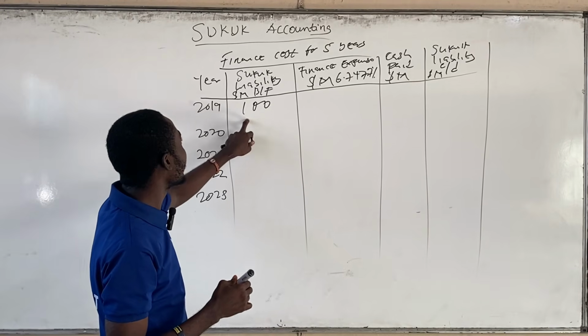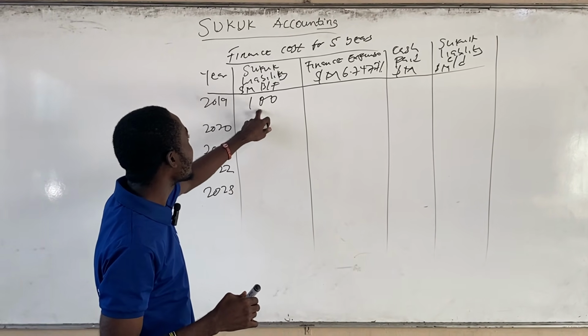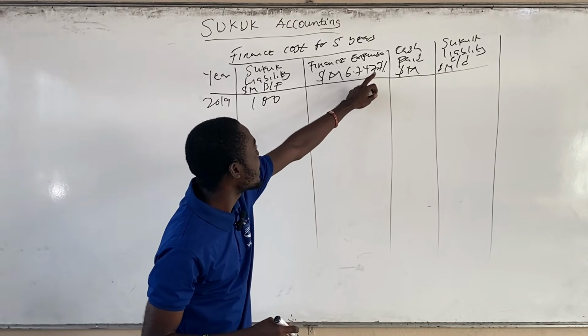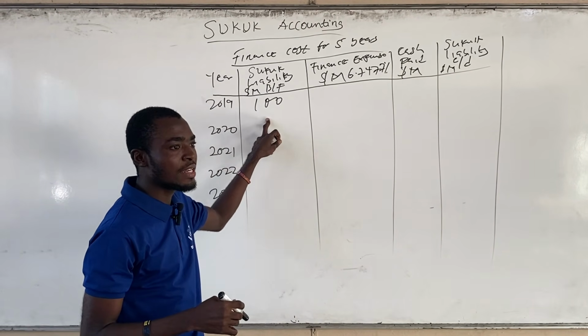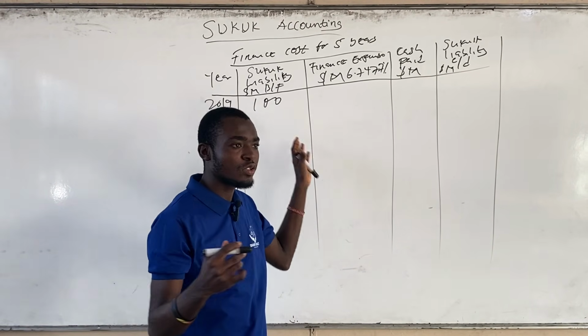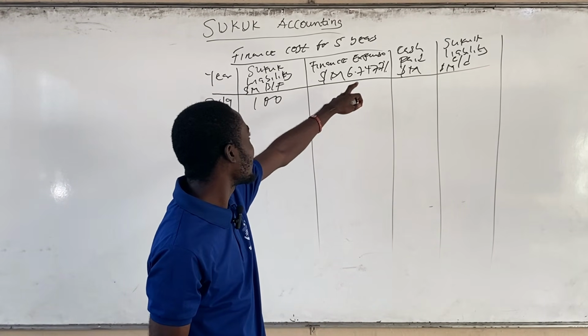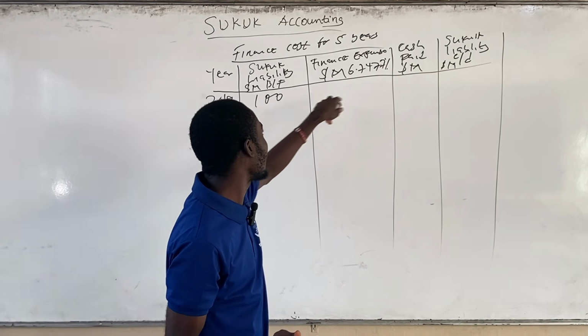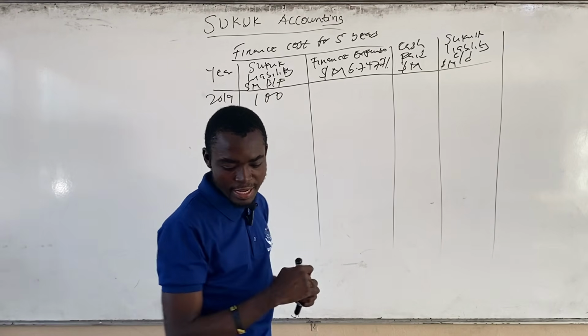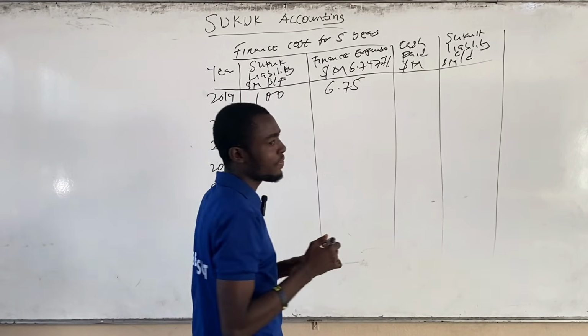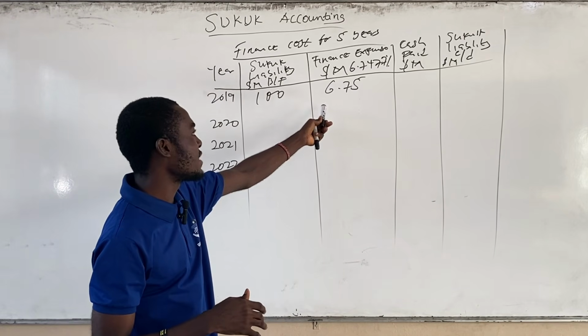Since at the beginning of the year the originator is showing an amount of 100 million, you find 6.7477% on the 100 million, and that will be the finance cost that the originator will be paying. That gives an amount of 6.75 million when rounded to 2 decimal places.